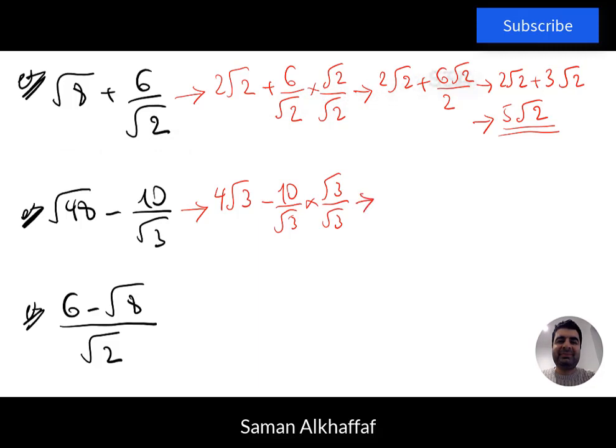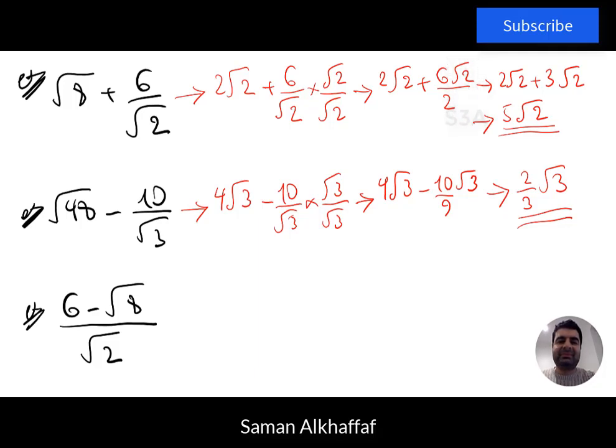Now to simplify this will give us 4 root 3, take away 10 root 3, divided by, so the root 3 is multiplied by root 3, so that will give us 3, which can be simplified now by taking away these two terms from each other, which will give us, in this scenario, 2 over 3 root 3 as the final answer.